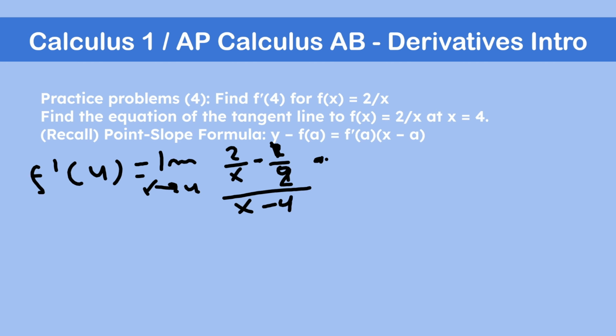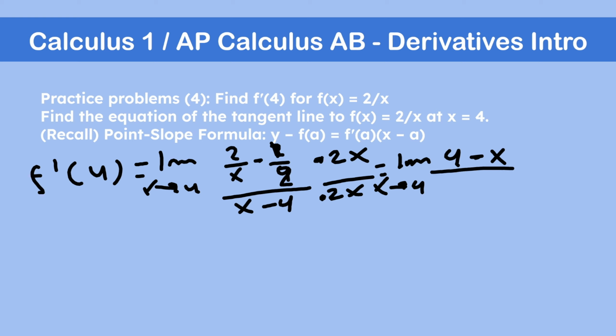What we can do is multiply the denominator and numerator by 2x. Now we have the limit as x approaches 4 of 4 minus x over x minus 4 times 2x, but we can factor out a negative here, so now we have negative 4 plus x.